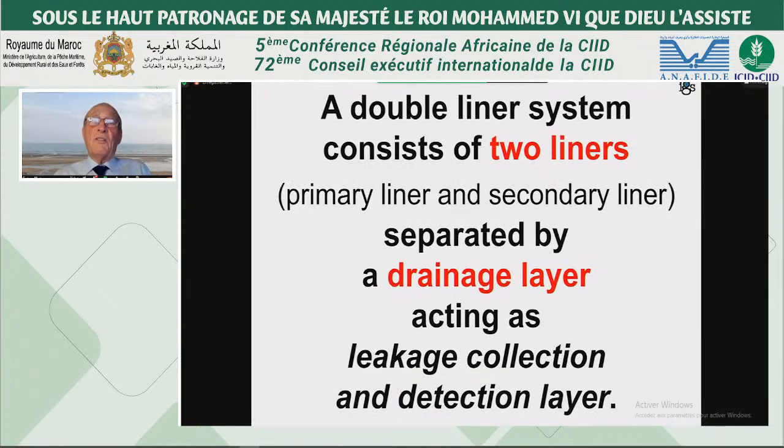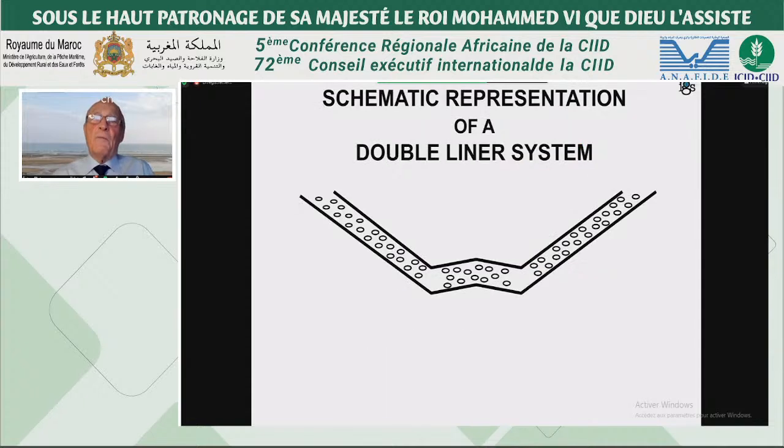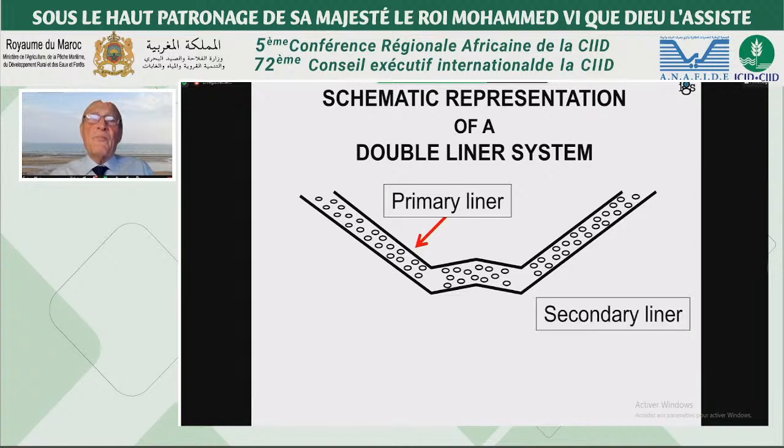A double liner system consists of 2 liners, primary liner and secondary liner, separated by a drainage layer acting as leakage collection and detection layer. Here is a schematic representation of a double liner system. We see the primary liner, the secondary liner.